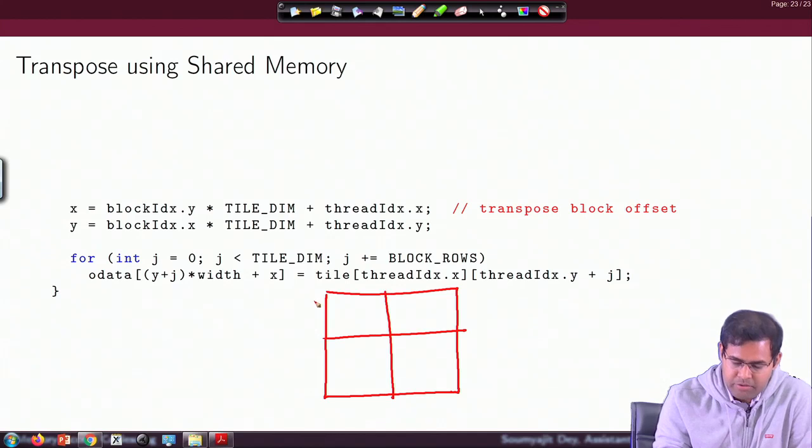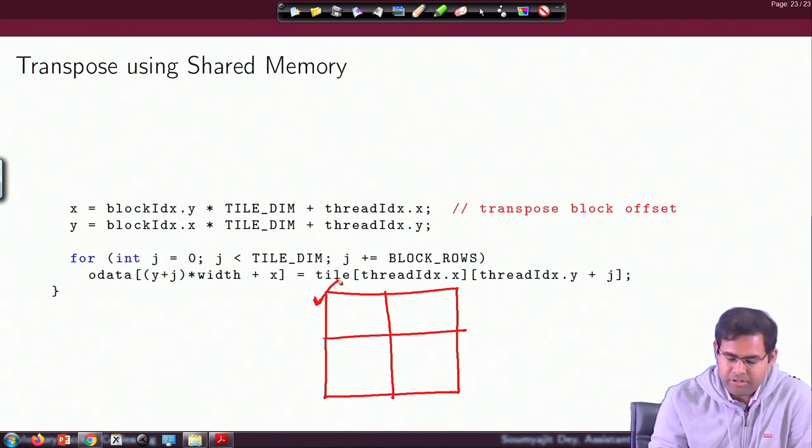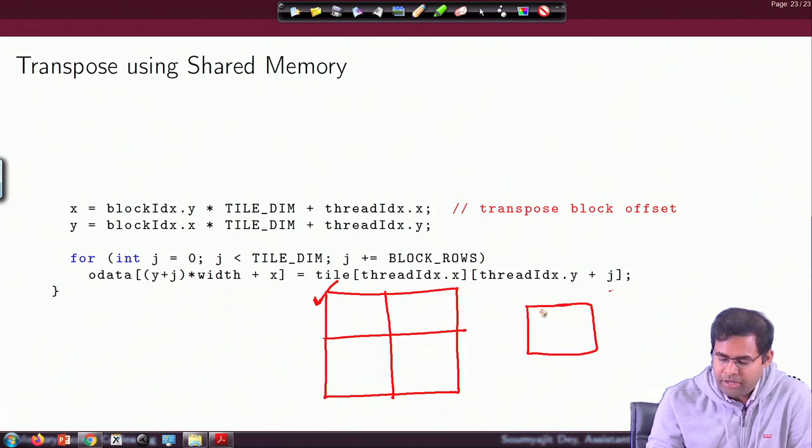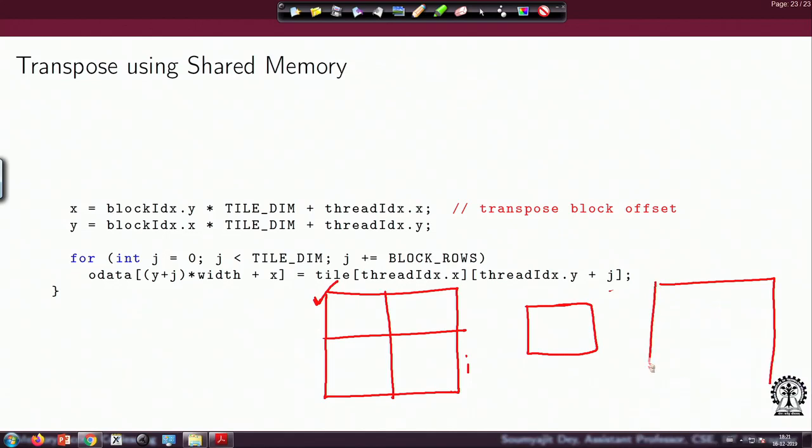Let us say a thread block has copied this entire tile, and then it is identically copied into this shared memory, which is offered as a consistent view to the entire thread block. So, this is my input and this is my output matrix.